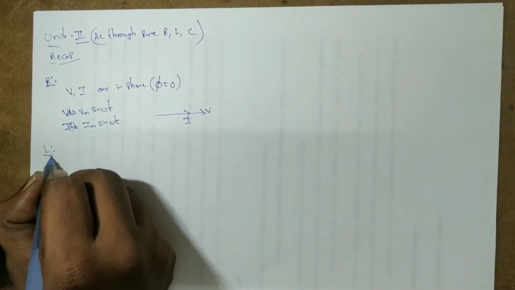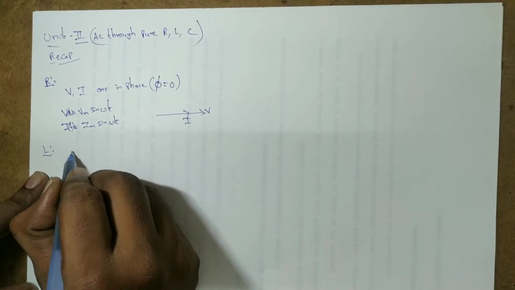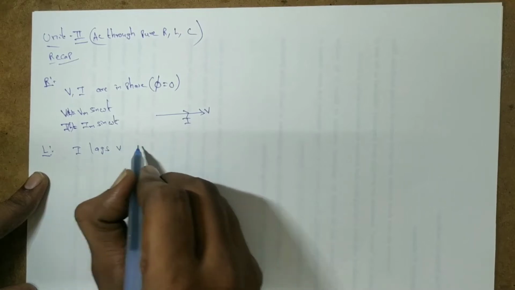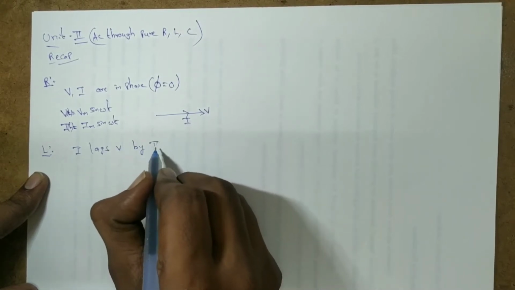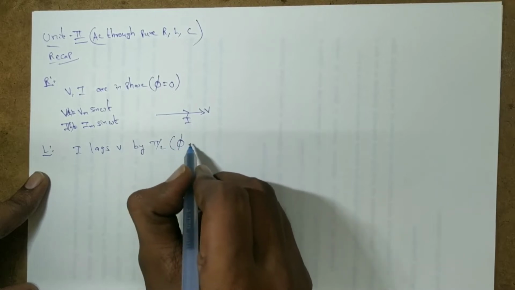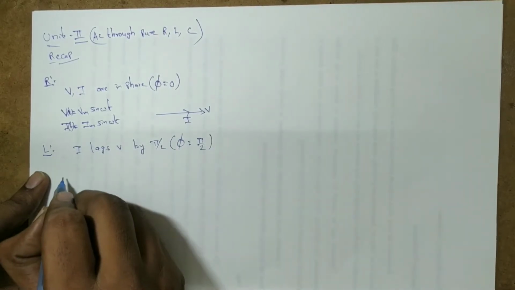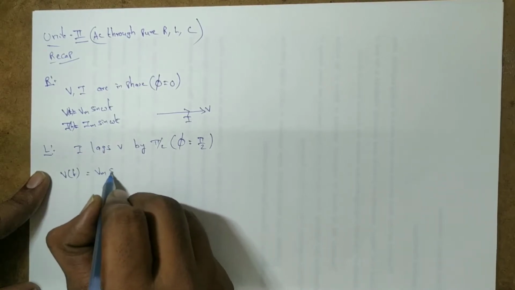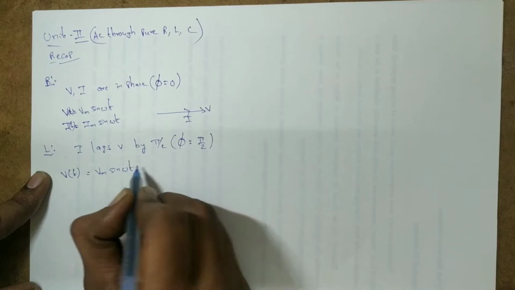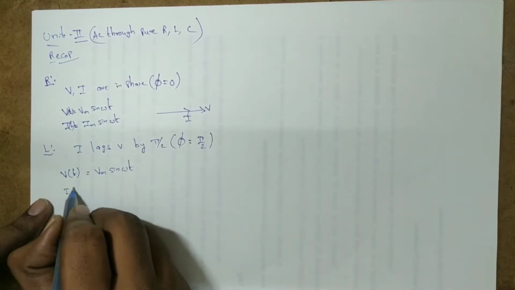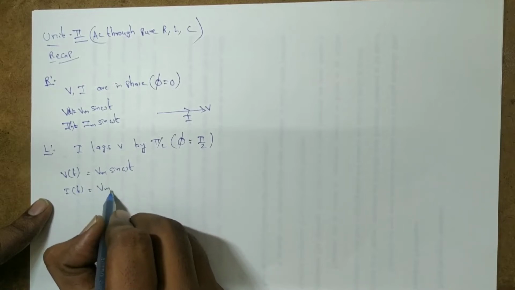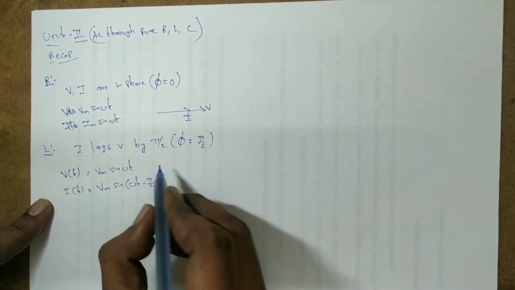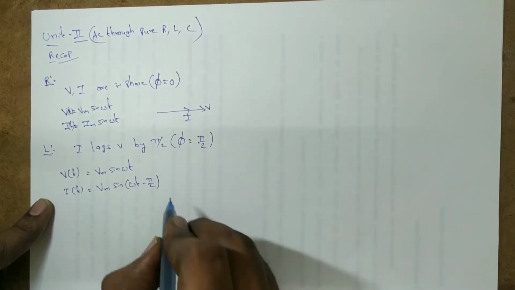Coming to inductor, when AC flows through an inductor, current lags voltage by an angle of 90 degrees, or pi by 2. In this one, the voltage equation V of t will be Vm sin omega t, taking it as reference, where Vm is the maximum value, and I of t will be Im sin omega t minus pi by 2, where this minus pi by 2 indicates the phase angle between voltage and current, which lags.